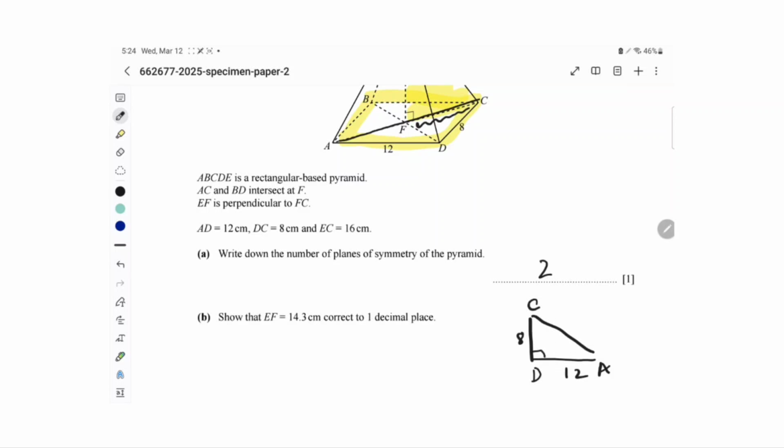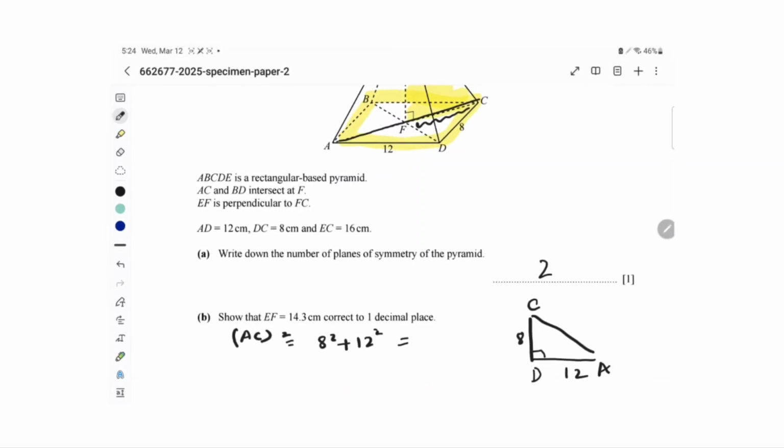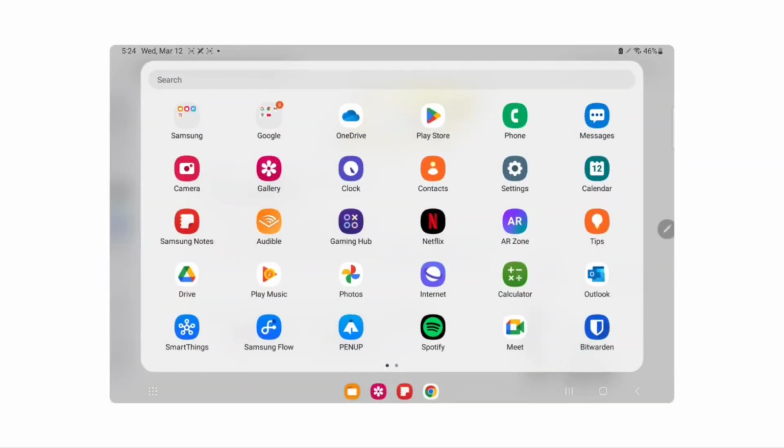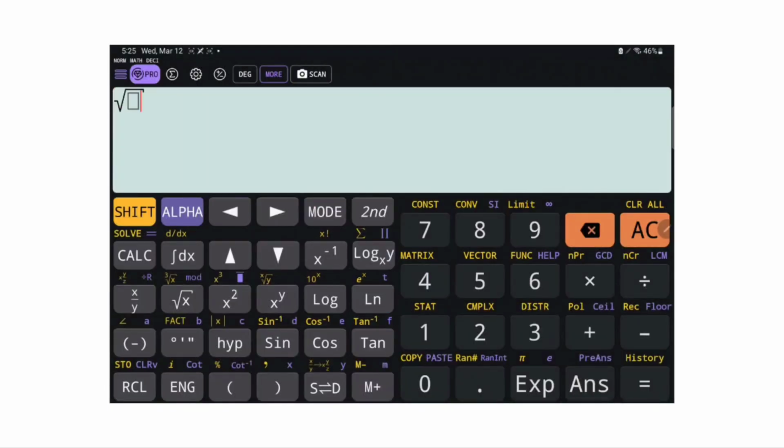So AC square is equal to 8 square plus 12 square. Square root of 8 square plus 12 square, which is 14.42.